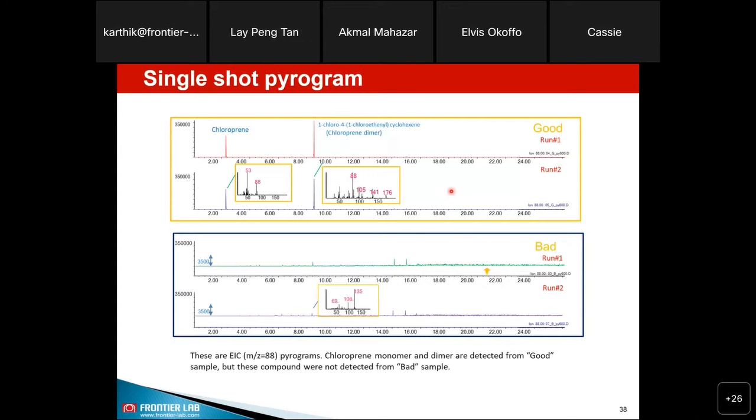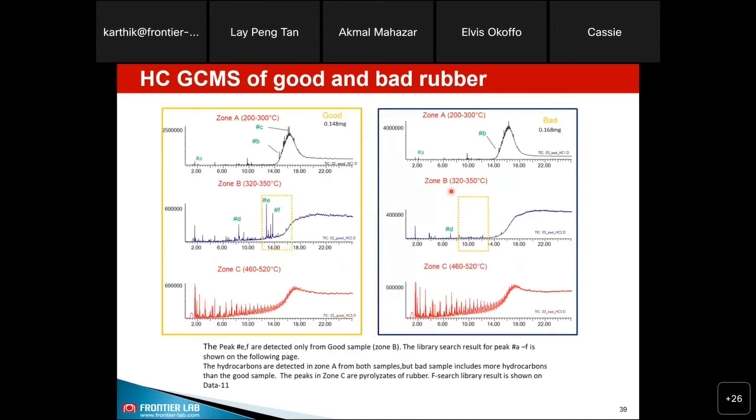Similarly, we try to look at the hot cut. As I said, you can have the detailed GCMS analysis of each temperature zone. Here we have done it for three zones: zone A is 200 to 300, zone B is 320 to 350, and zone C is 460 to 520.